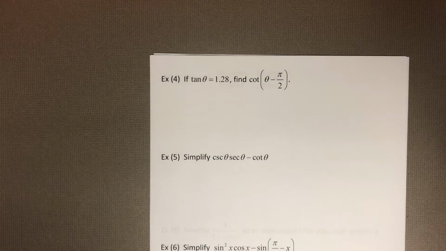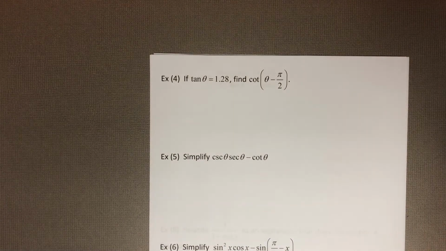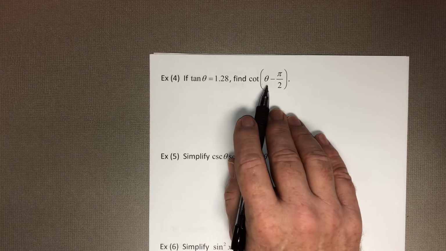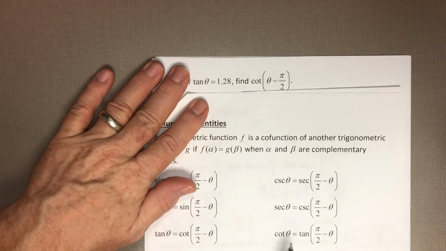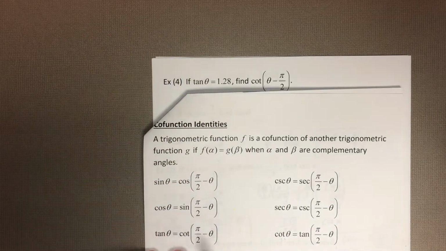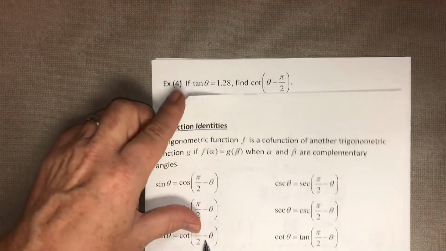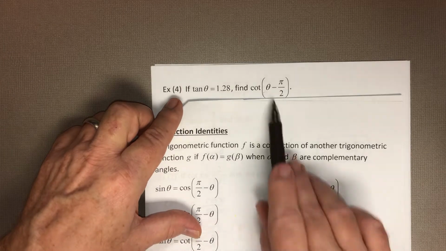Okay, on the next part here it says, if the tangent of theta is 1.28, find the cotangent of theta minus pi over 2. Well, this looks like one of our cofunction identities. It looks like this one right here, with the one exception: this one has these two terms, the opposite of these two terms set here.